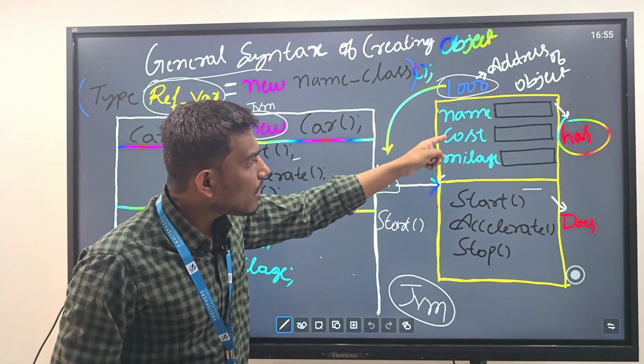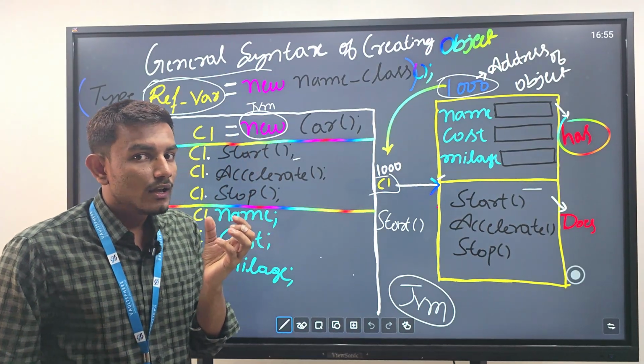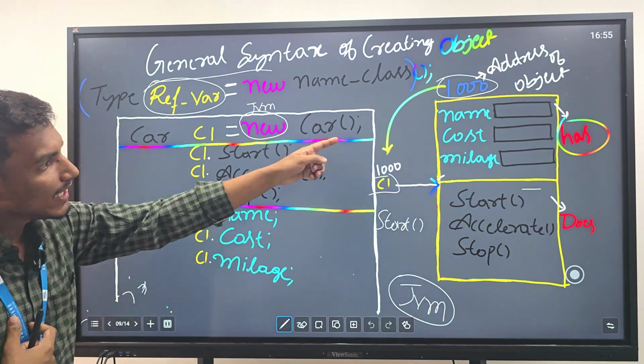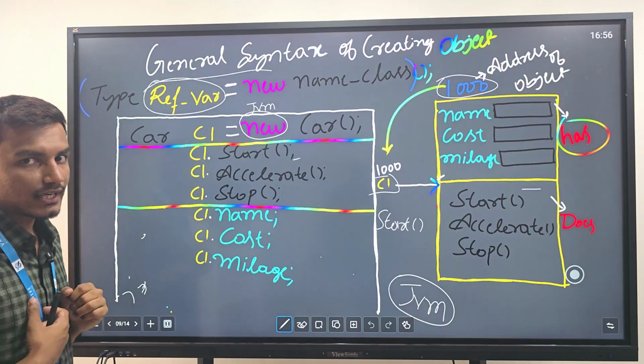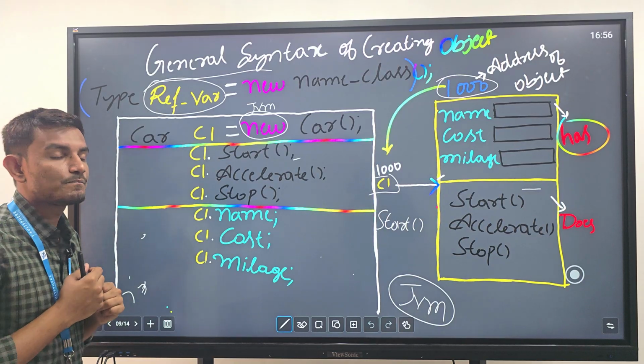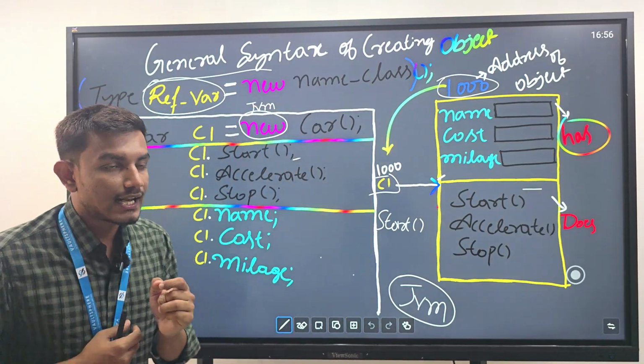Now, can you tell me, guys, for my name, cost, mileage, what data will be allocated? I hope you are thinking like this: if I didn't specify any values to my instance variables name, cost, mileage, Java will specify some default value. If you are thinking in this way, absolutely correct, guys.